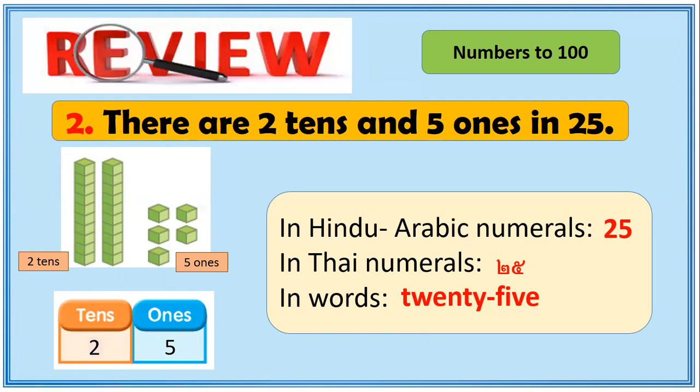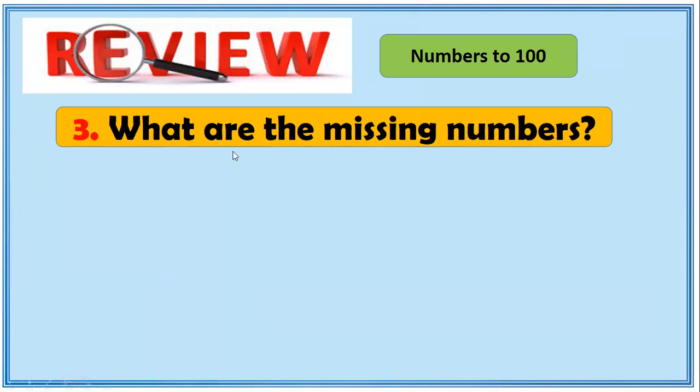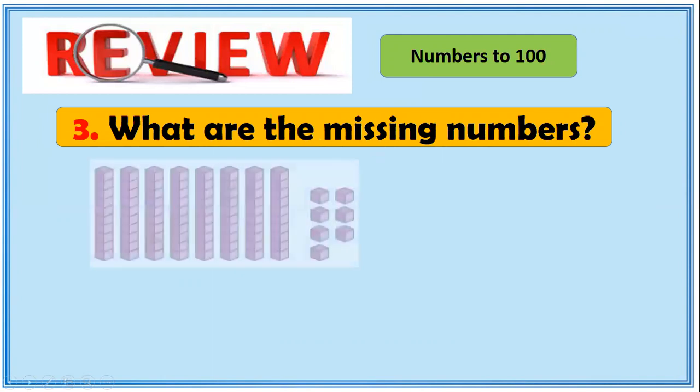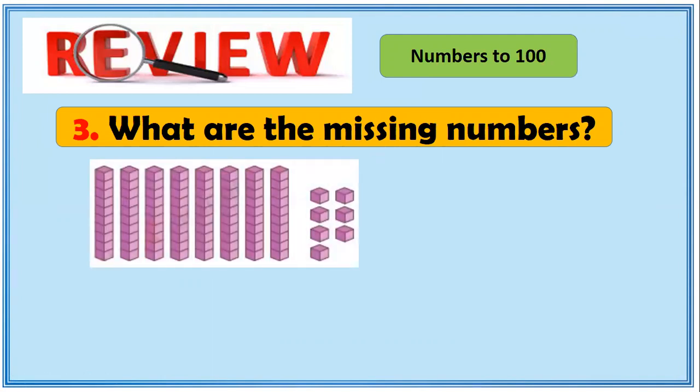All right, now let us have another example. What are the missing numbers? Can you count the number of cubes? So how many sets of cubes do we have here? 1, 2, 3, 4, 5, 6, 7, 8.